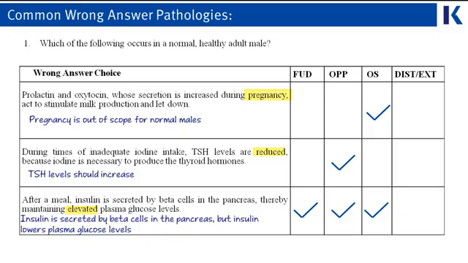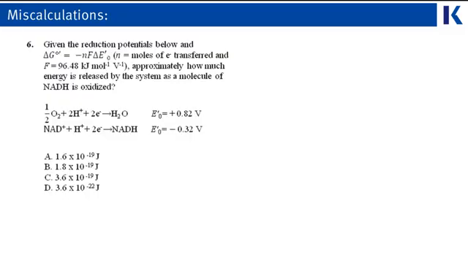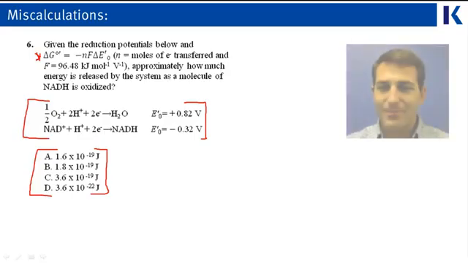The last wrong answer type is unique to the science sections. Take a second to assess this question and perhaps begin to think about what a plan should include. The answers indicate we'll probably need to do some math. The stem provides half reactions and relevant reduction potentials, as well as an equation to plug the reduction potentials into.